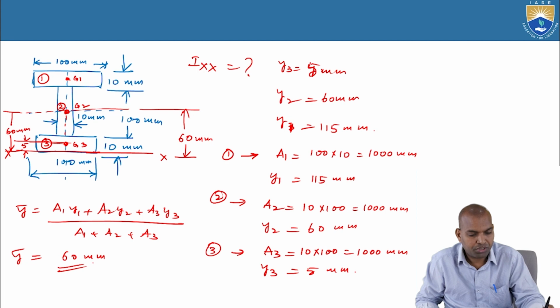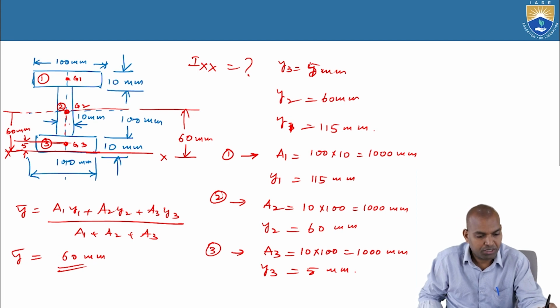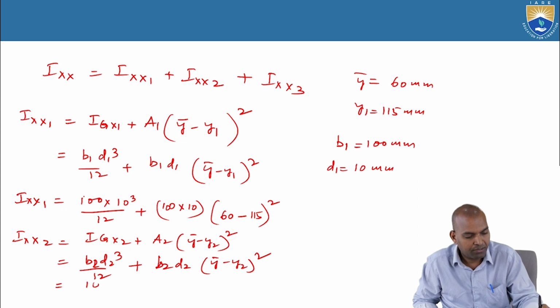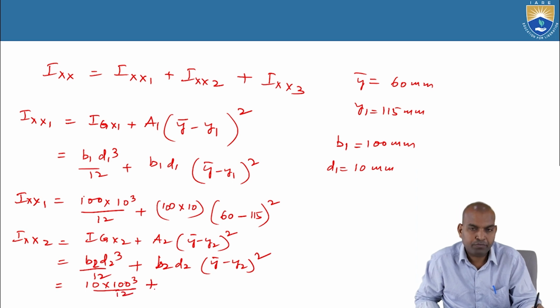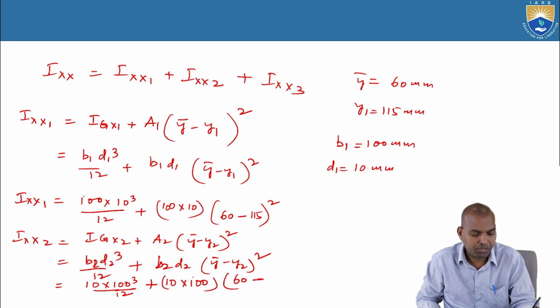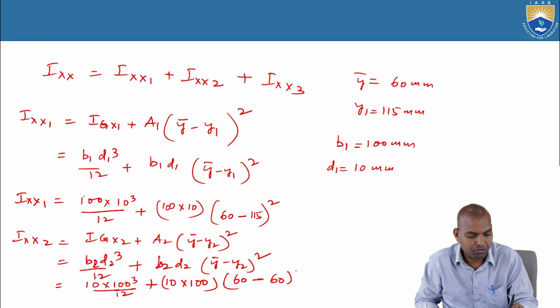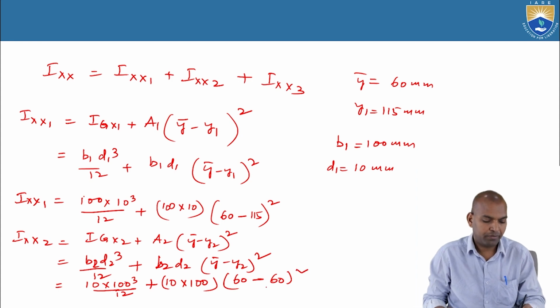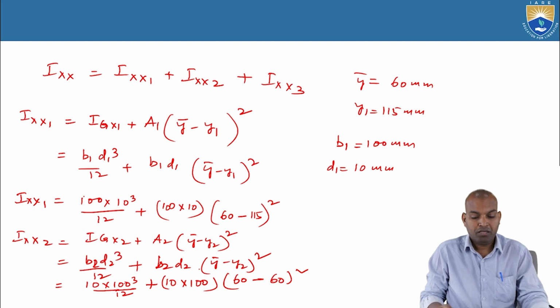This b2 is 10, d2 is 100. So 10 into 100 cube by 12 plus b2 d2, 10 into 100, times bar y 60 minus y2 60 whole square. 60 minus 60 becomes 0. That means this term is completely 0.